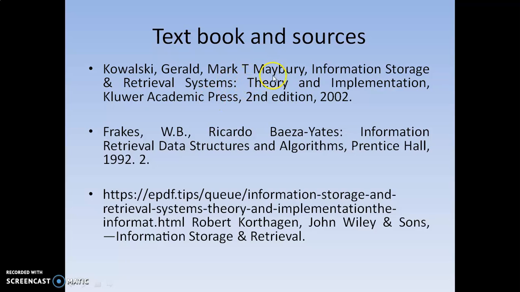This is the prescribed book, and the second one is Frakes W.B. and Ricardo Baeza-Yates, Information Retrieval: Data Structures and Algorithms, from Prentice Hall of India. This is the second book, and this is the e-resource. So these are the textbooks and e-resources used to cover our syllabus.